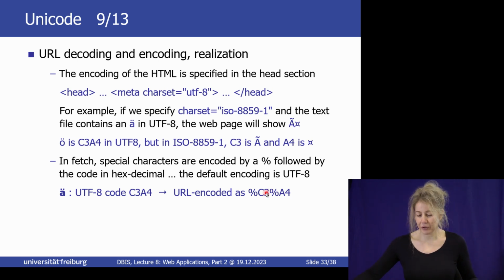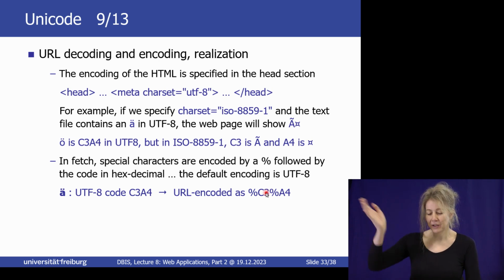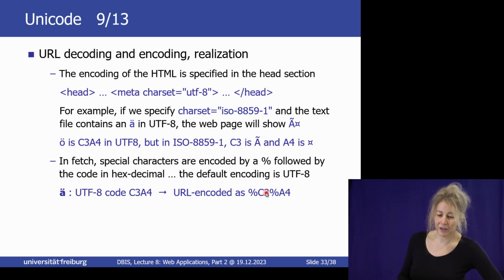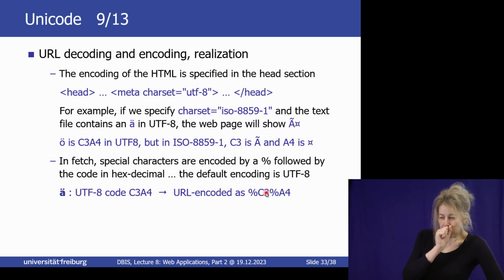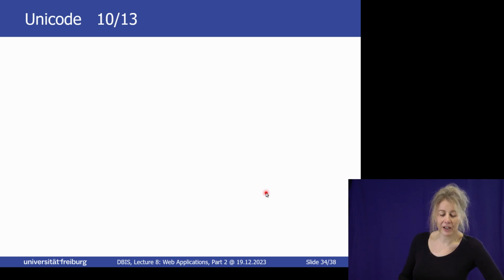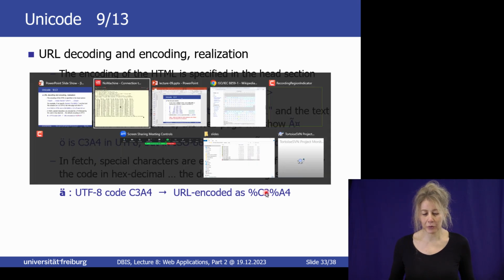You have to do it for the exercise sheet, but I think the slide is enough. So if I send a space in the URL, it will be %20, and then you have to encode it. And the last part, I think I will show it in the next lecture in the new year. This is not something we have to do now. You can look at it on the slides.